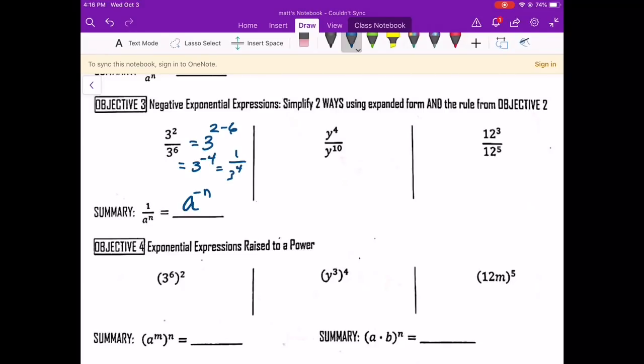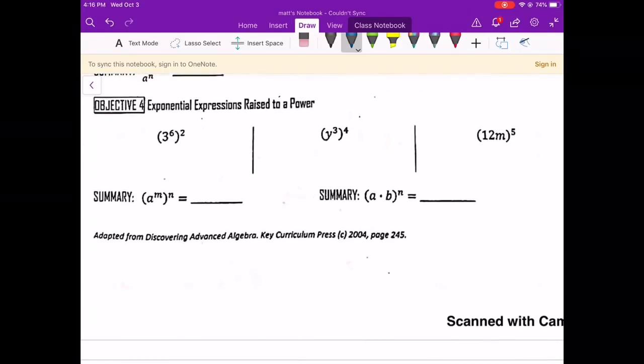Well, ultimately, what we want you to know is that that's dividing by 3 times 3 times 3 times 3. So you're dividing by 3 to the 4th power as opposed to multiplying by 3 four times. So just to keep that in mind. Finishing this out, y to the 4th minus 10 is y to the negative 6, which is 1 over y to the 6th power.